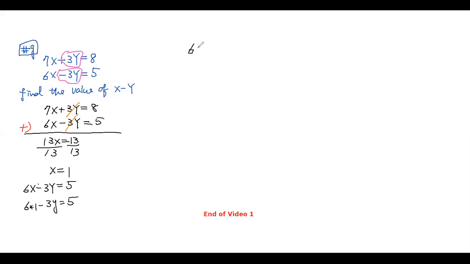So this is 6 minus 3y equal to 5. And you subtract 6 from both sides. So it's negative 3y equal to negative 1. And divide by negative 3, divide by negative 3. So what is the answer? y is 1/3. So your solution is 1 and 1/3.